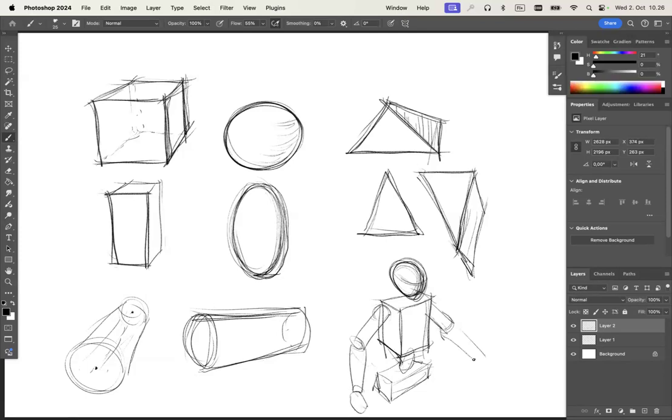Of course, you can't stay with these geometric shapes forever. Then you have to also know when to change them. But it's a good basic thing to hold in your drawing skills.